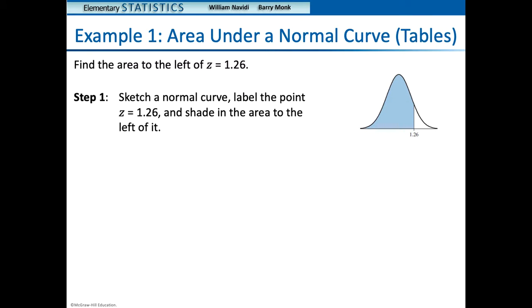Here's a typical step-by-step procedure. Find the area to the left of z equals 1.26. I would highly recommend when you're solving these problems that you go ahead and sketch a normal curve. It doesn't have to be perfect, just a quick hand sketch. Then indicate on your sketch where the z-score sits.